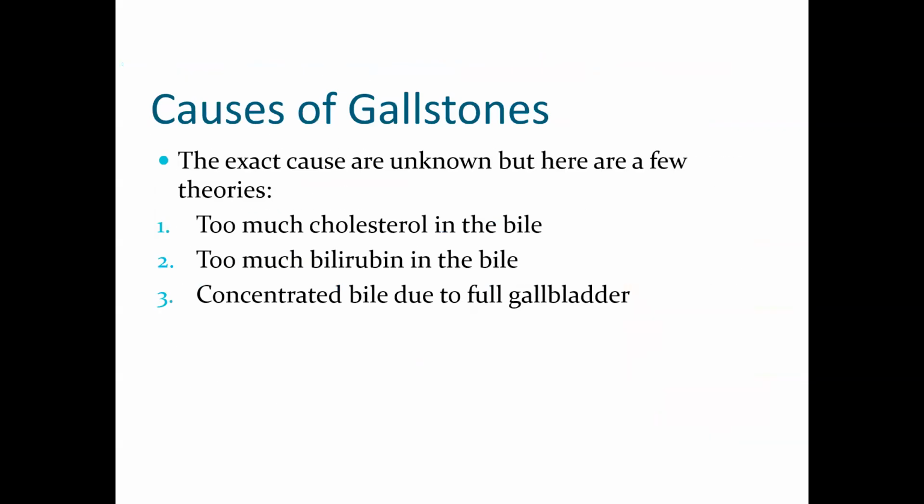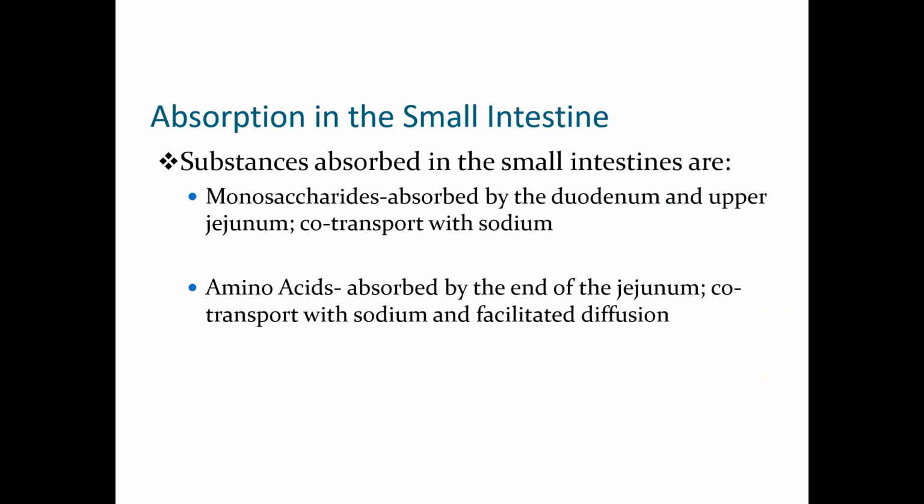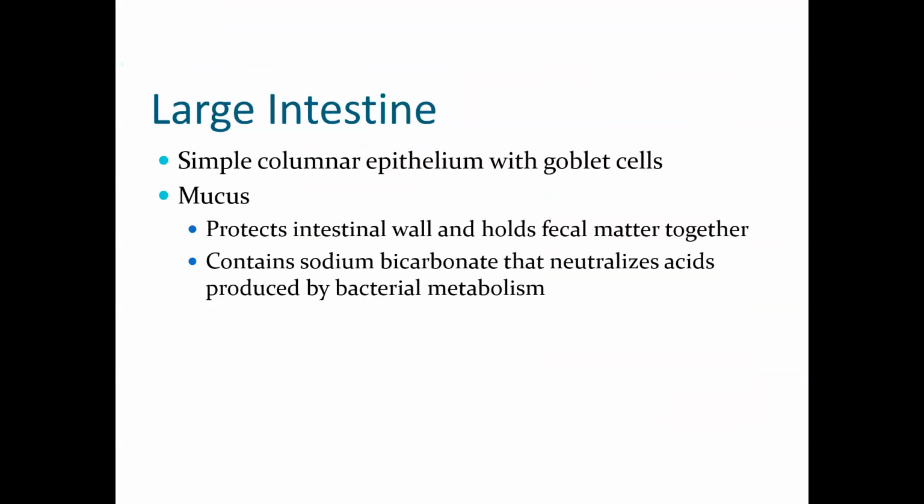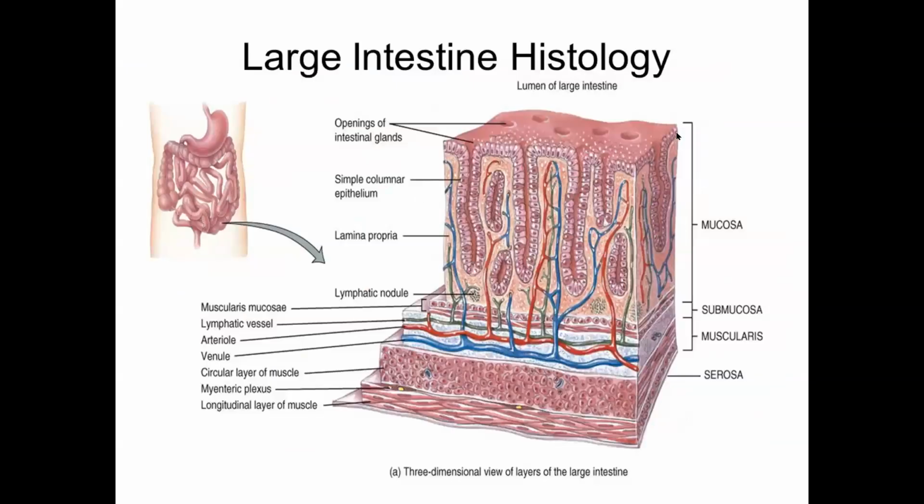The point I'm trying to bring across is that just based on the structure, especially of the mucosal layer, you should be able to identify a section that comes from the stomach, a section that comes from the small intestine, large intestine, esophagus, right? So please be aware of what they look like. Now, you will notice here that we have intestinal glands.